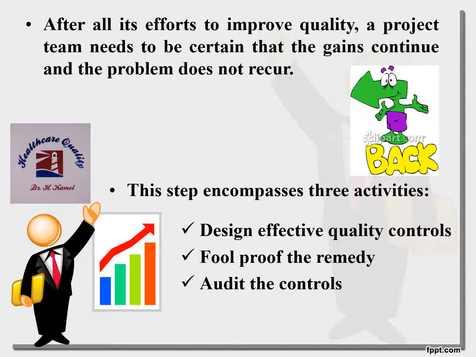This step encompasses 3 activities: design effective quality controls, foolproof the remedy, and audit the controls. We already talked about quality controls.